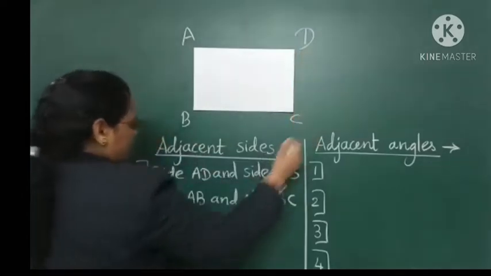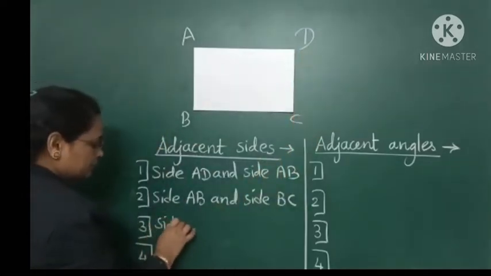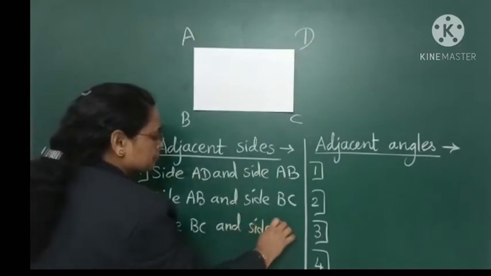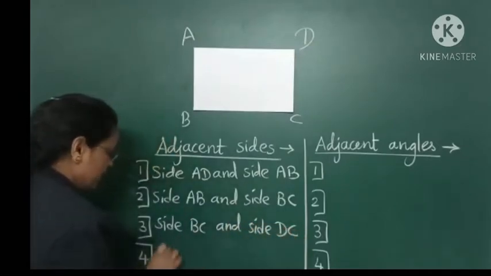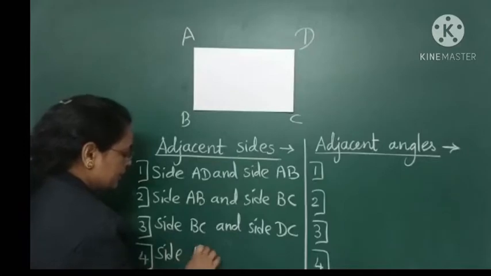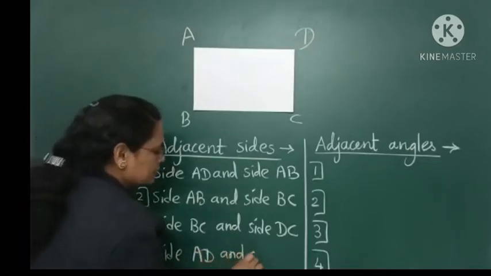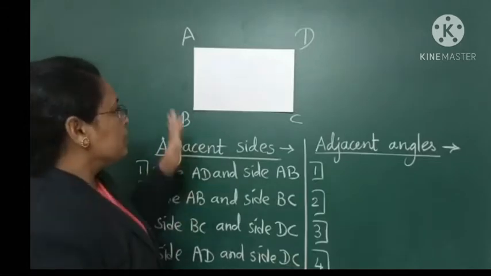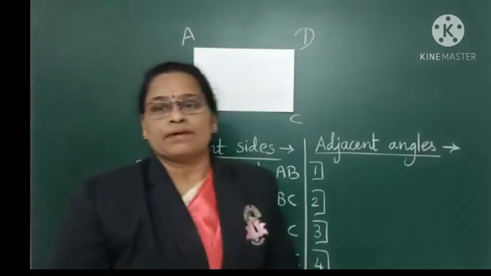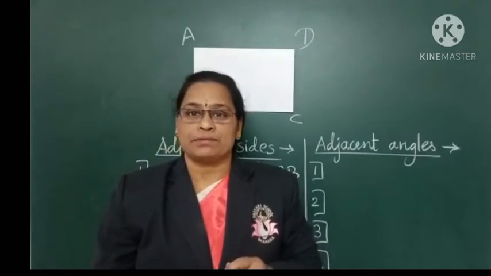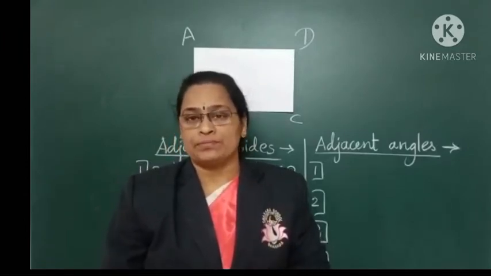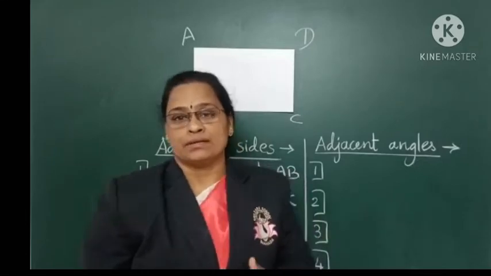Similarly, BC and DC. And the last pair, side AD and side DC. Now, these four pairs of adjacent sides, you have to understand what is meant by adjacent sides and you have to keep it in your mind, because this is going to help you for proving the theorems.